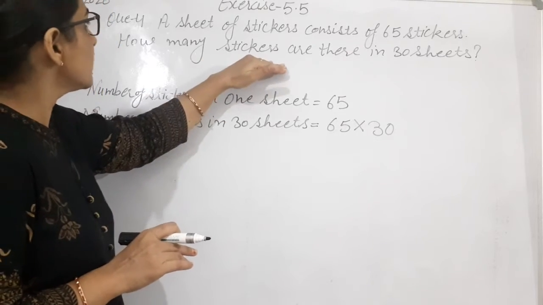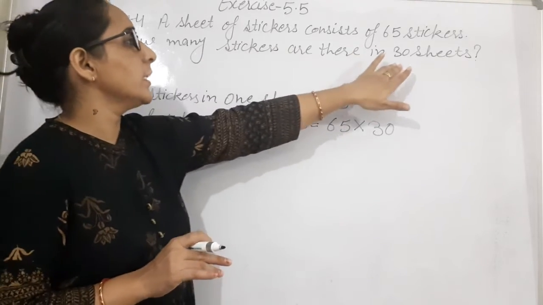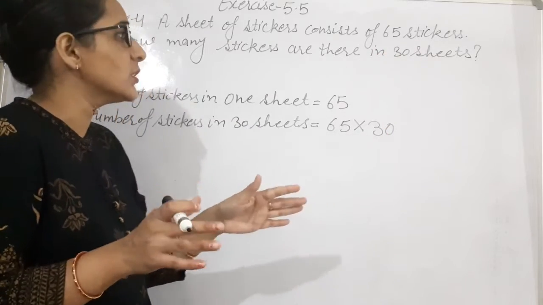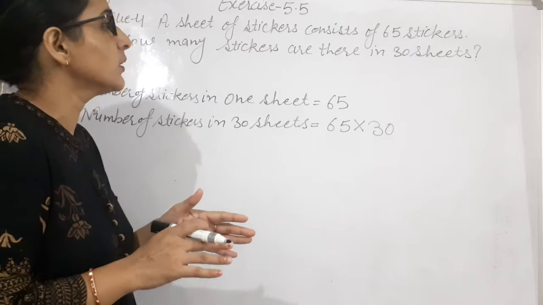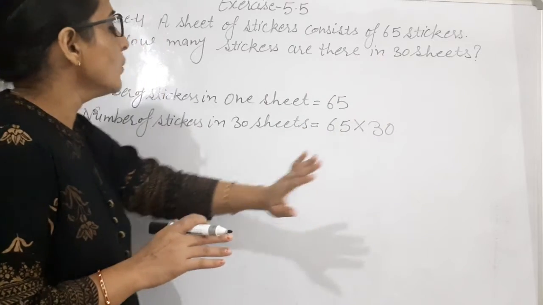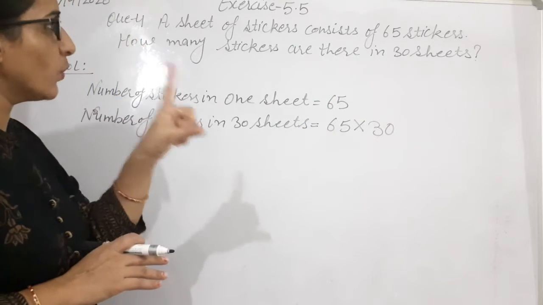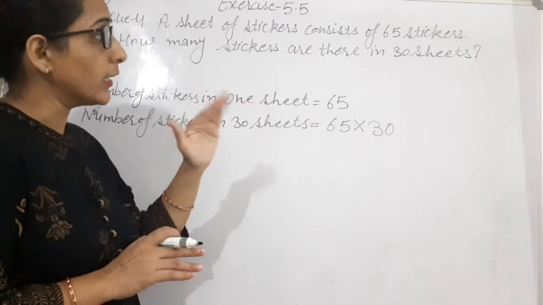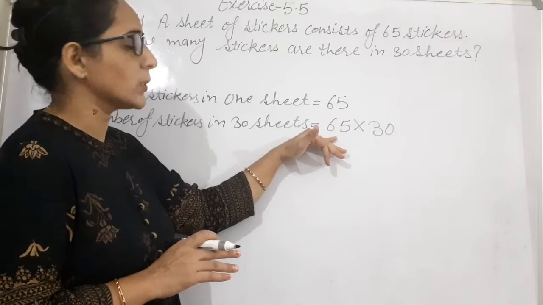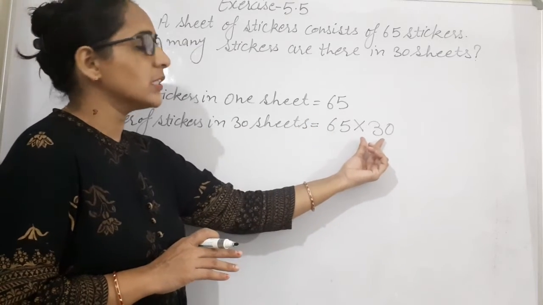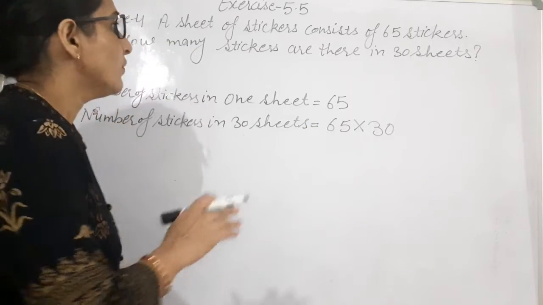So how many stickers are there in 30 sheets? If you have 30 sheets, how many total stickers are there? There are 65 in one sheet, and in 30 sheets there are more stickers. So for this, what do we do? We do the multiplication. Clear?